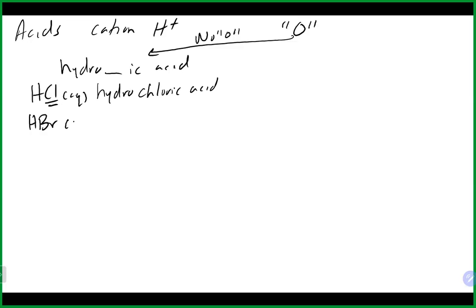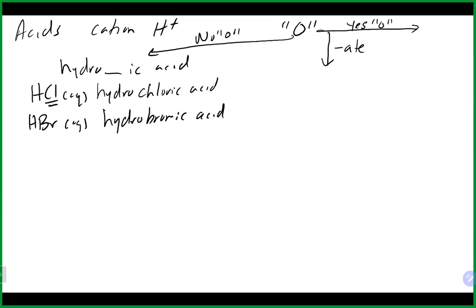HBr would be hydrobromic acid. Now, if it does have oxygen, it will most likely contain one of those polyatomic ions. If it has oxygen and your polyatomic ion ends in ate, then it is something ic acid, like HNO3.